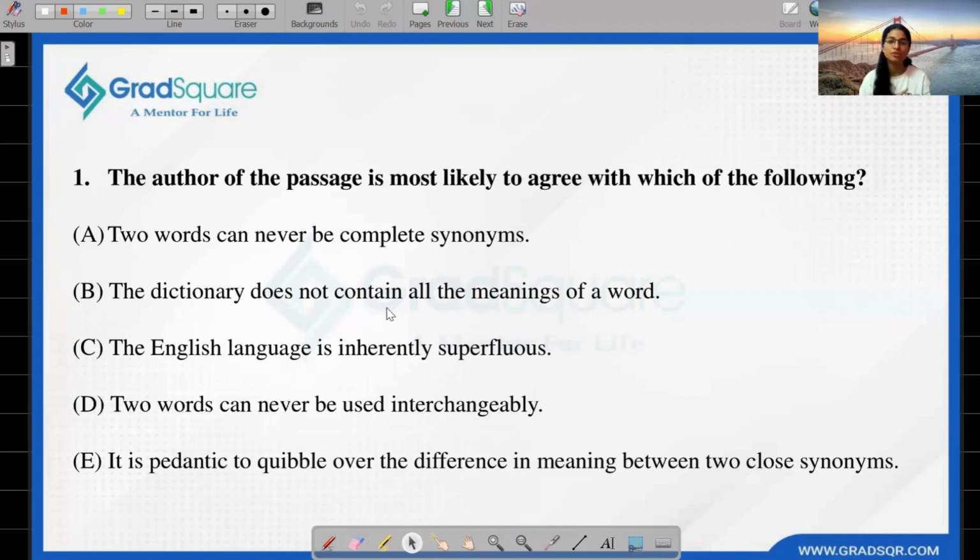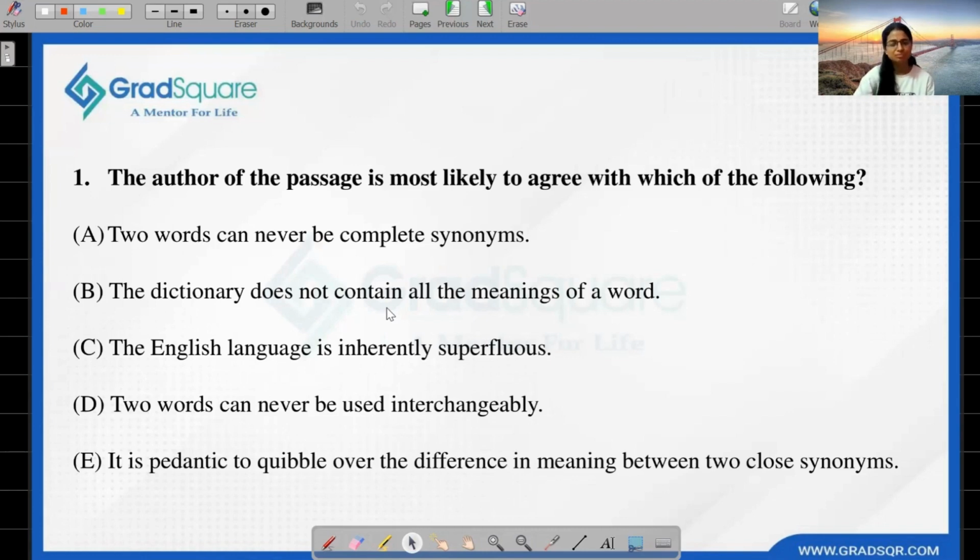He goes on to conclude later in the passage that even if two words have the same meaning, they convey different feelings. Thus, he would most likely agree with option A, I would say. That the two words can never be complete synonyms. There will always be at least some small differences between the two words.